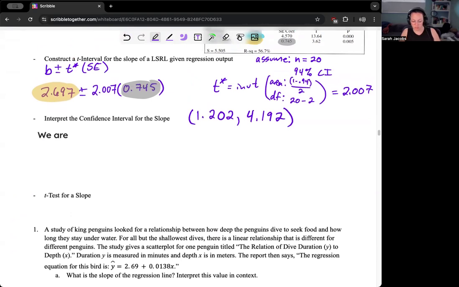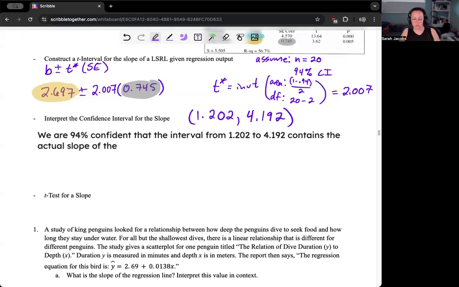So we are 94% confident that the interval from 1.202 to 4.192 contains the actual slope of the relationship between hours studied and final exam score. So instead of being what the score is, this interval is about the slope of the relationship. Okay.